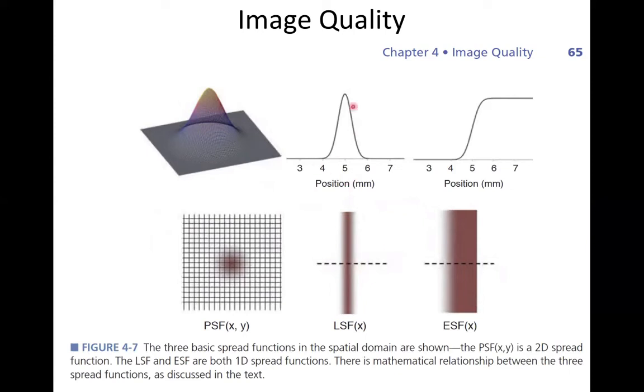And that gives you your line spread function. And an edge spread function is when I put, let's say, a square down and look as I go from the background into the square; that response is called an edge response function.